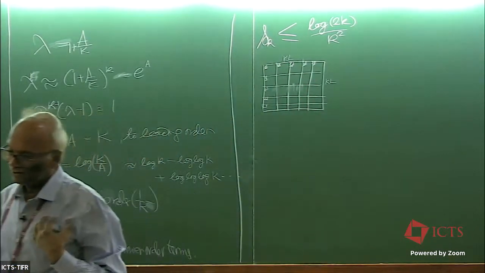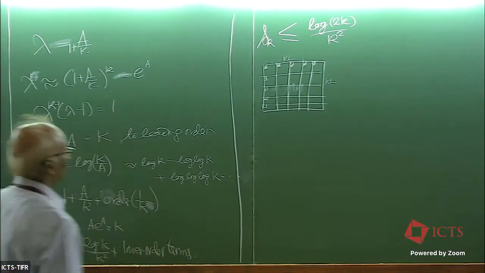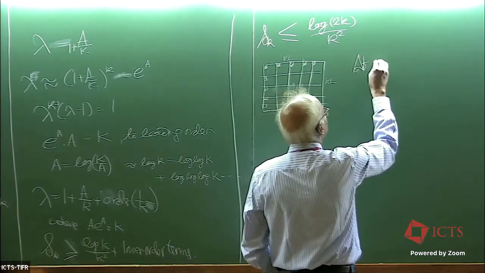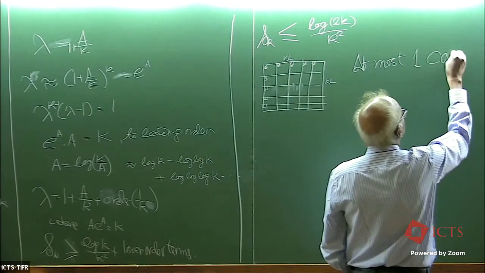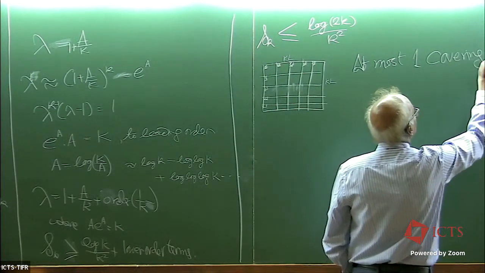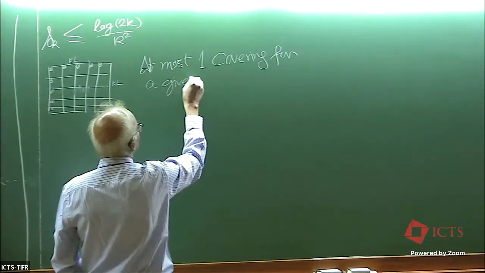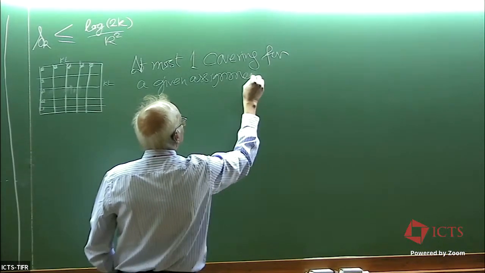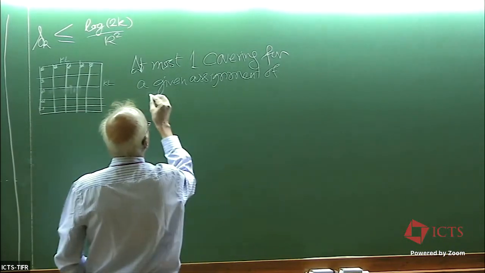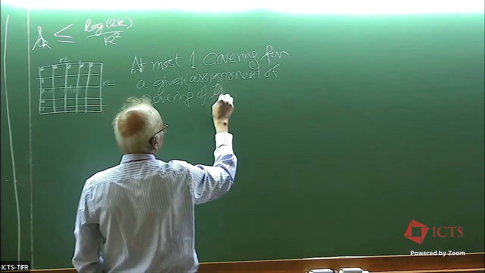So there are 2k ways per cell you can assign covering to each of these. And then you can see if there is a covering of the full space consistent with this. And what they argued is that at most one covering for a given assignment of covering of the marked cells.